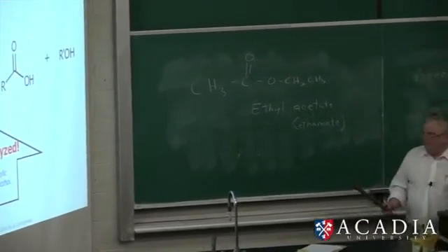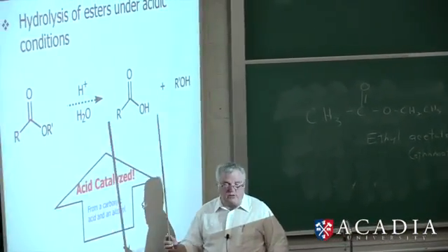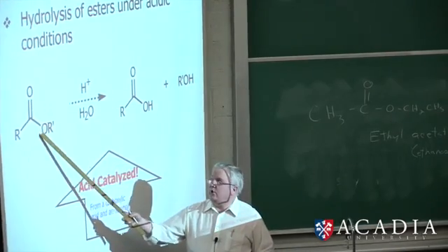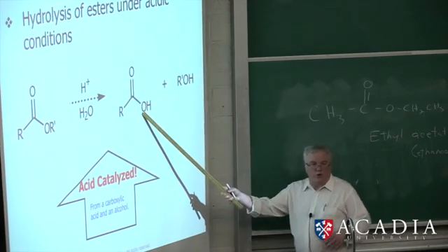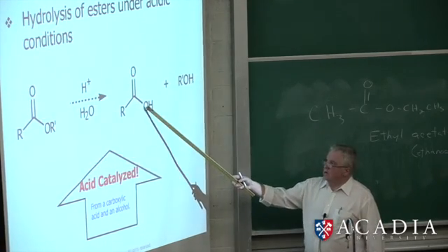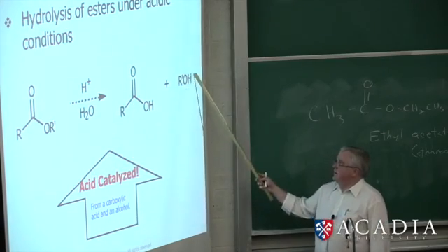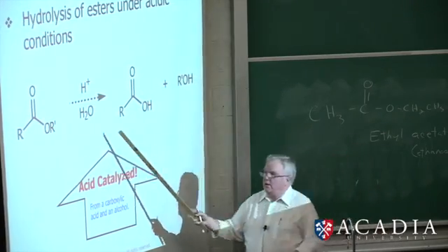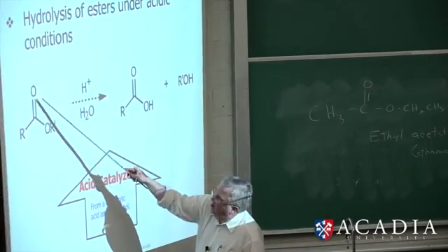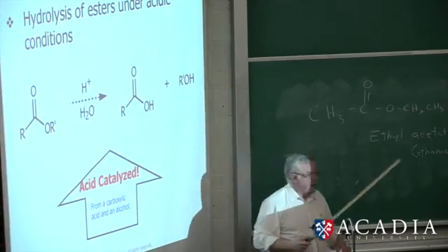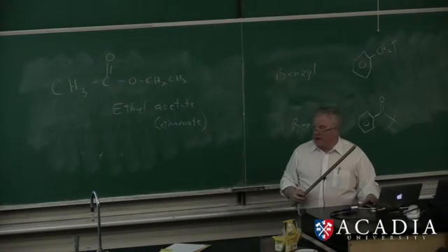So we can do the reverse reaction because that thing was in total equilibrium. If we take the ester under acidic conditions with lots of water around, we're going to hydrolyze it. We're going to break it up into the carboxylic acid and the alcohol. We've added water to this molecule, so we've added H to here and OH to here to make our carboxylic acid and our alcohol.